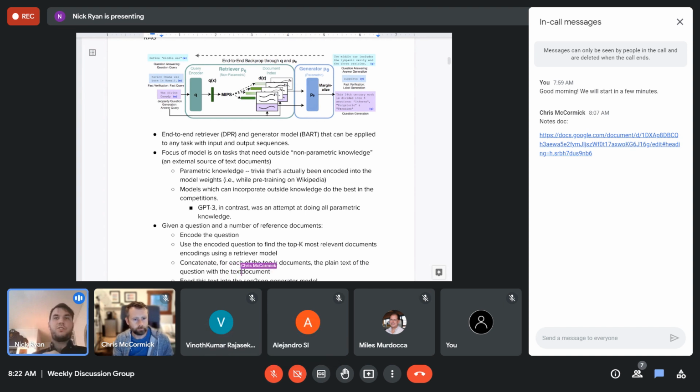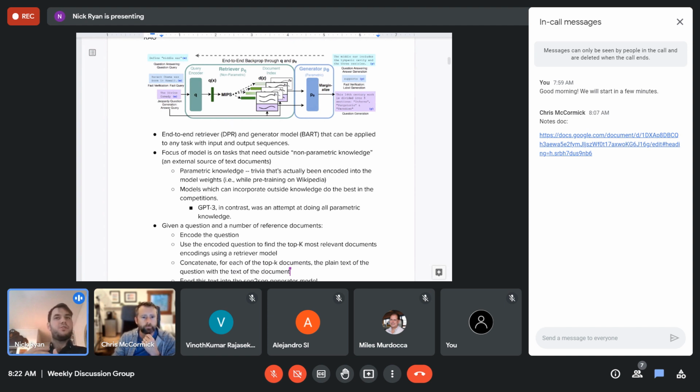That allows the generator to just work as sequence to sequence. Basically, the pre-computed document vectors and the query vector are just used to find the most similar documents. After this stage, the retriever is done.